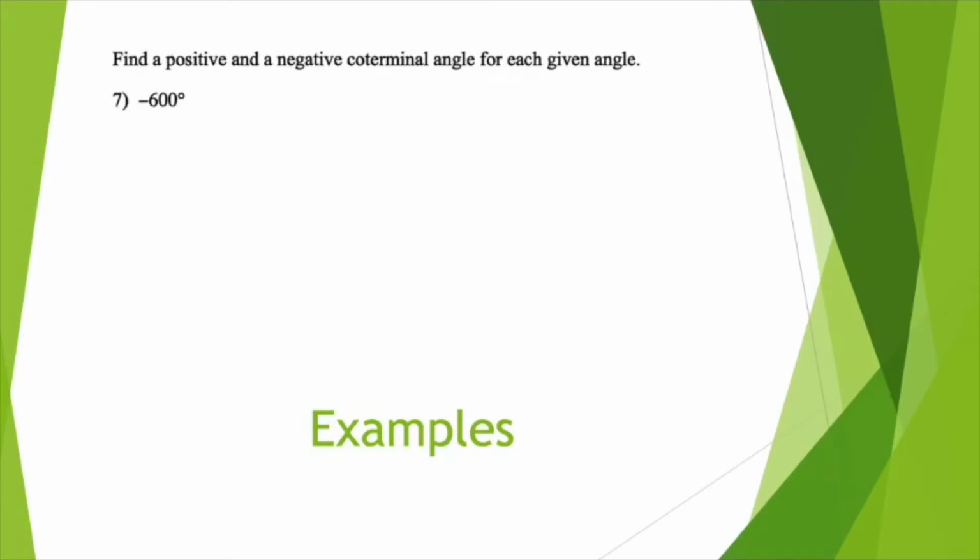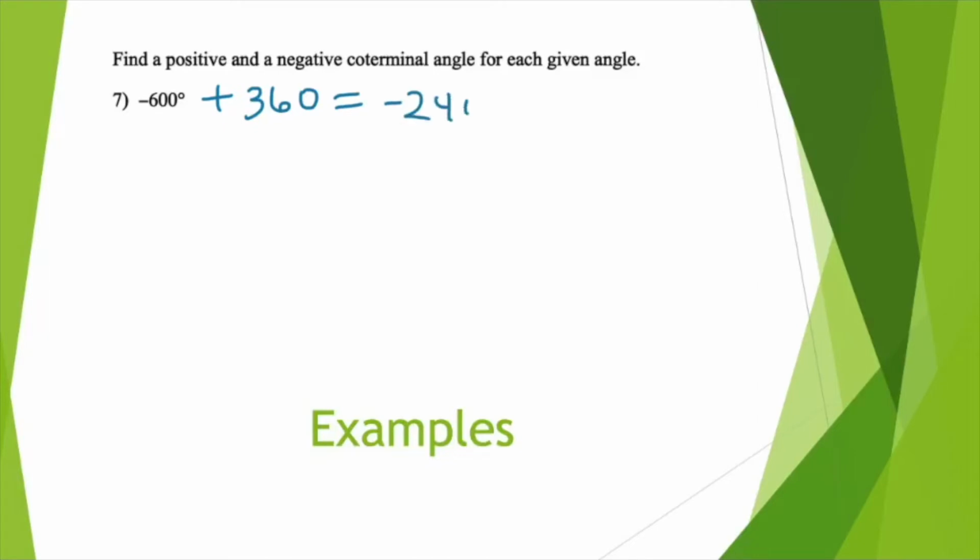Now we're going to find a positive and a negative coterminal angle for the angle given here, negative 600. I am going to get this down into one that's a little more reasonable. The 600 is quite large. But instead of subtracting 360, I'm going to add 360 since it's negative. When I do that, I get negative 240, but it's still negative.